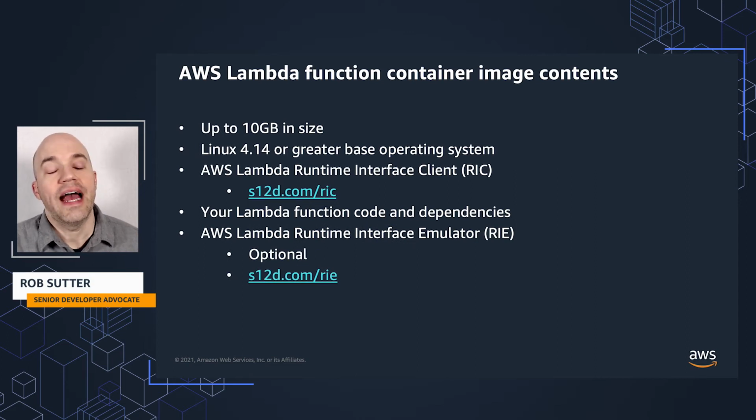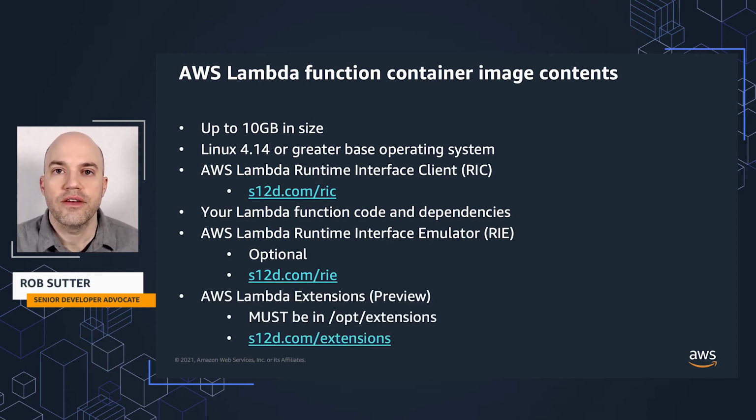Optionally, you can add the AWS Lambda Runtime Interface Emulator, or RIE, and this allows you to run or invoke your Lambda function outside of the AWS Lambda service. For more information on the RIE, see s12d.com/RIE. And finally, you may choose to add some extensions.